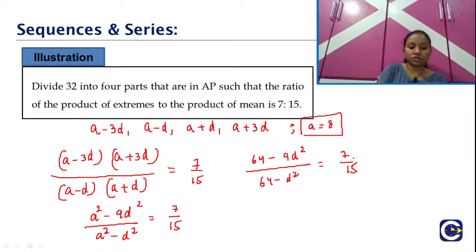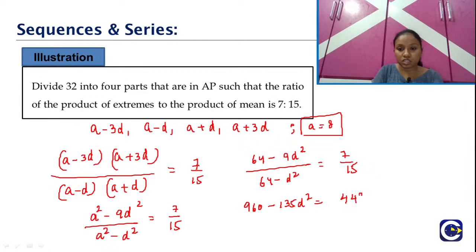So now we have to do the cross multiplication. So 64 into 15, that means 960 minus 15 into 9, that means 135 D square. And the other side, 64 into 7, which is 448 minus 7 D square.